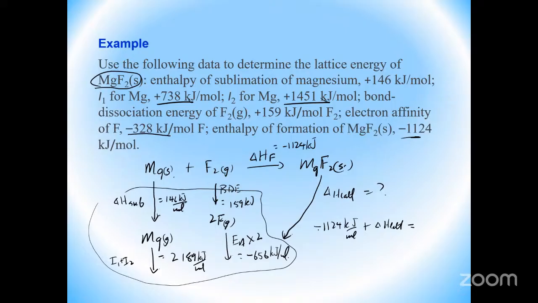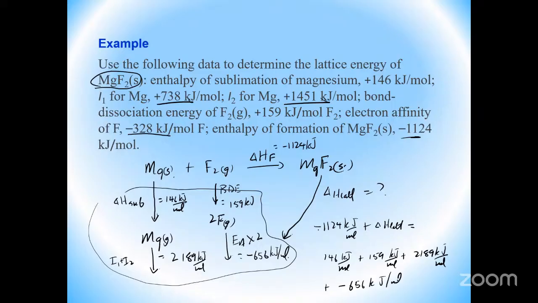And we set that to be equal to the sum of all of these here. So this would be 146 kilojoules per mole plus 159 kilojoules per mole plus 2189 kilojoules per mole plus minus 656 kilojoules per mole.